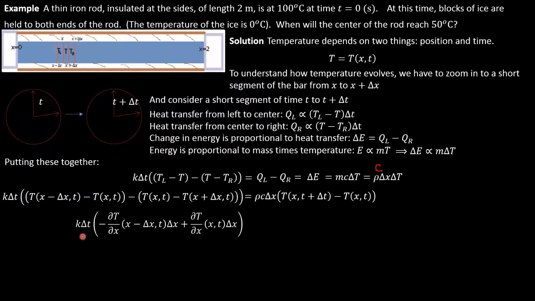So now we're using linear approximation. This expression here is approximately equal to the partial derivative of T with respect to x times delta x, and this is the partial derivative of T with respect to x at x comma t, all times delta x.